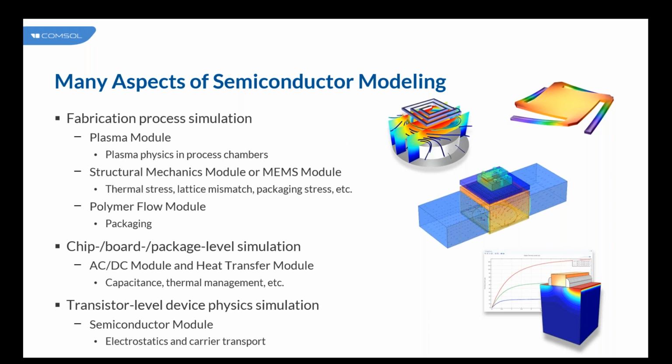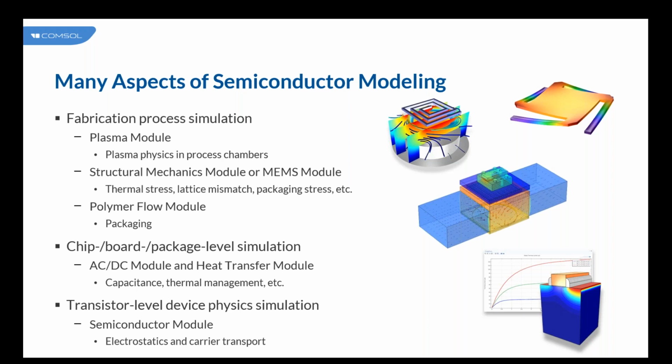The Polymer Flow Module can be used to simulate non-Newtonian fluid flow during the packaging process. Speaking of the chip-board level, we would majorly recommend users to use the AC/DC Module to simulate current density, electric field, or electric potential distribution.